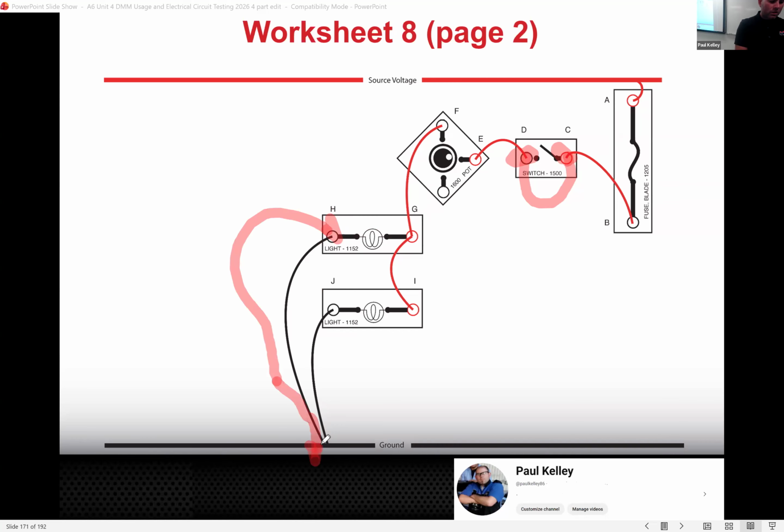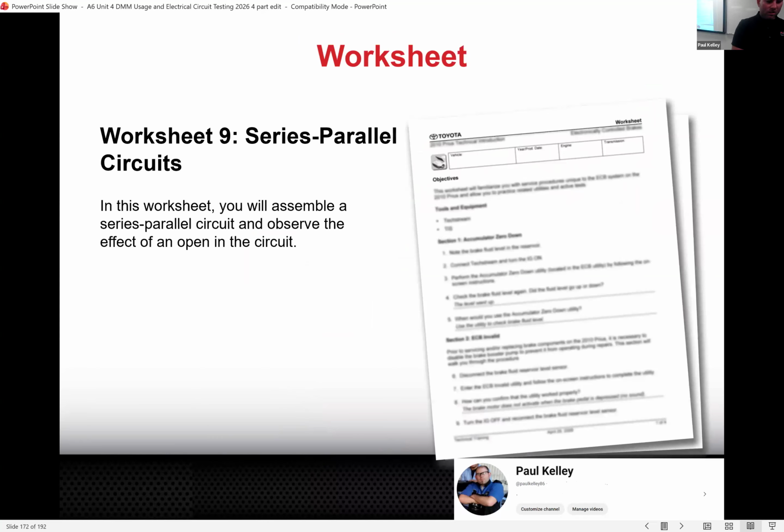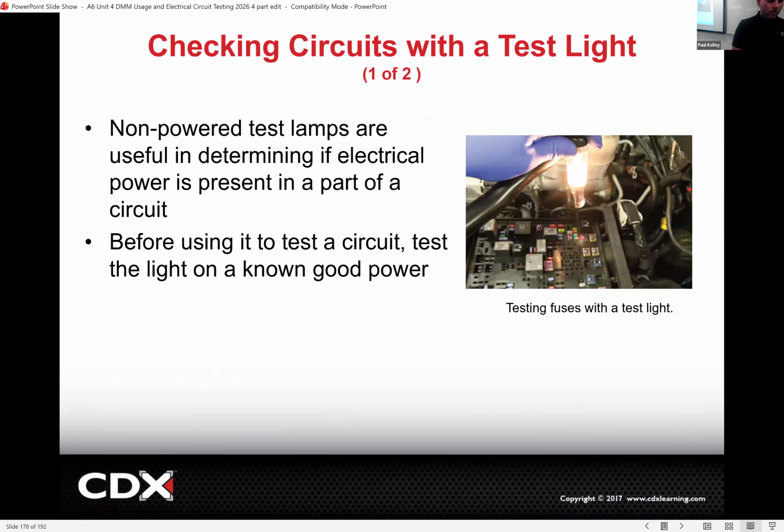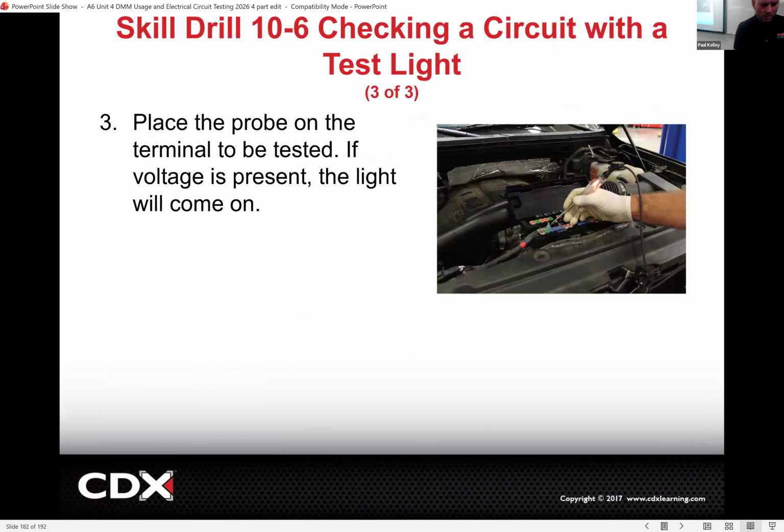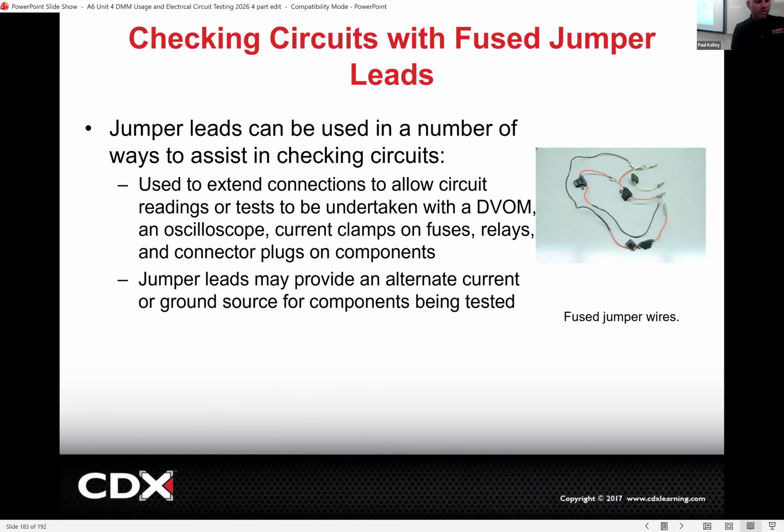And if it resolved the issue, that tells me that this wire right here is bad, but just don't jump it across the load, because then you've taken the resistance out of the circuit and now it has very low resistance, which means the amperage is going to be very, very high. That's the guy pulling on the rope. He just lets go of the rope. There's going to be a lot of amps flowing through, and you're probably going to blow the fuse, or that's why the fuse jumper is a fuse jumper, not just a jumper, which we could call like a little fire starter, which would be fun. Cool. So that's a legitimate test. We did a little bit of jumpers when we tested relays, right?